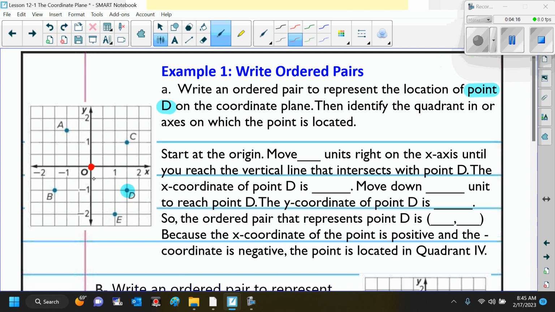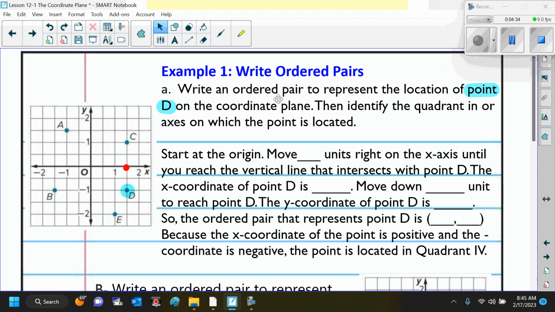Now, you also have to pay attention to what we're counting by. Here, we've got 1 and 2, but you'll see there's a point in between. So this is 1/2, this is 1, and this is 1.5.